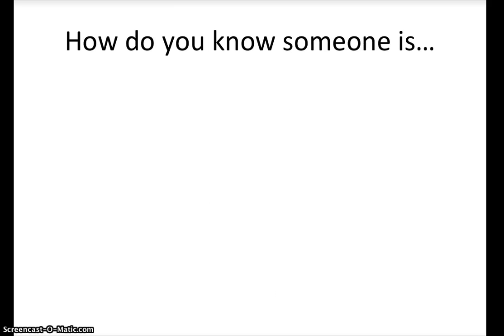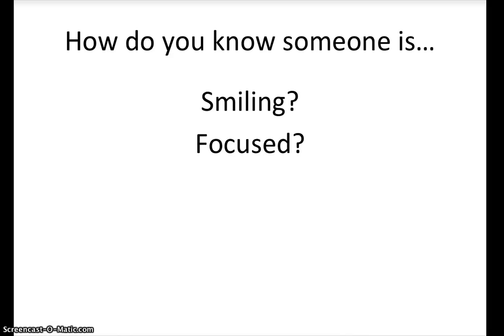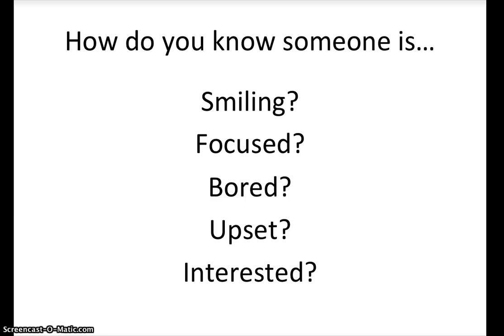Or perhaps you want to take a different approach. How do you know that someone is smiling or perhaps focused, bored, upset, or even interested in what you're saying, or even interested in you? Well, everybody has their own internal definitions of these different concepts.